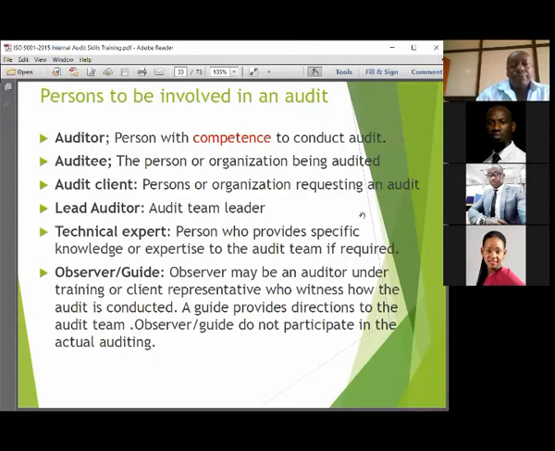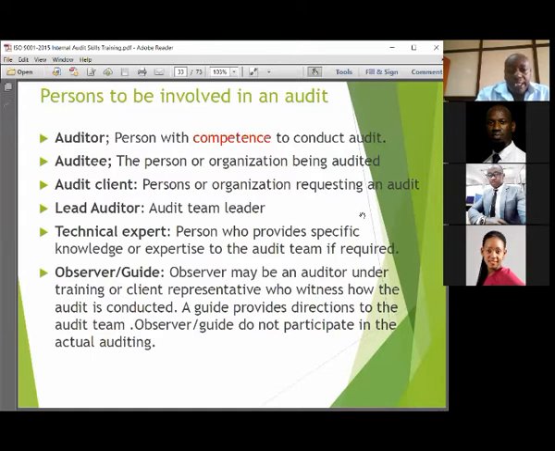For example, when we are doing external audits and we decide we want to include Mombasa or another branch out there, when the external auditor goes to the site, we can send one of our employees from here to accompany them, just to witness and see what kind of questions they're asking, but they cannot answer any questions or participate.